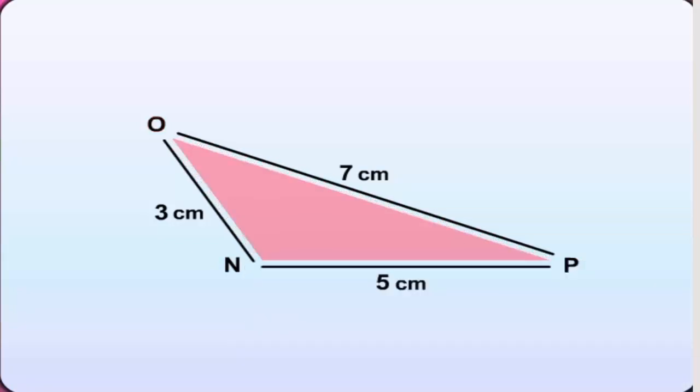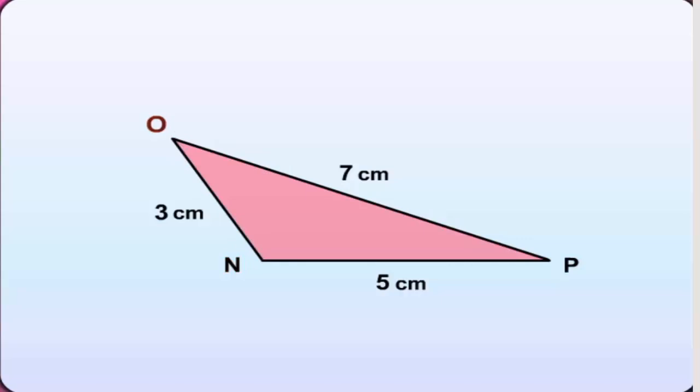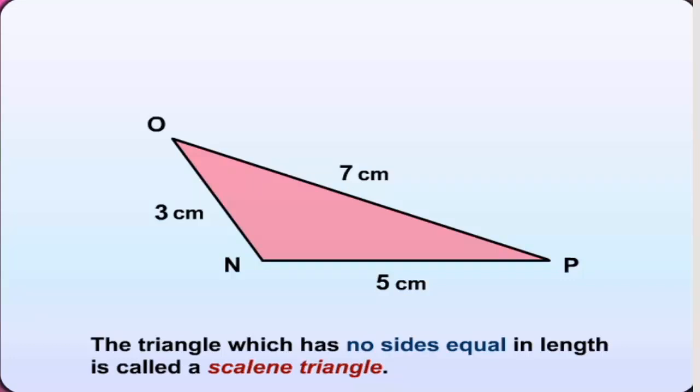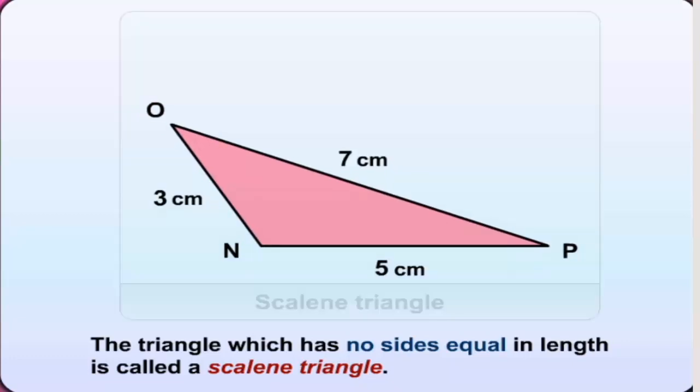Here, none of the sides of the triangle NOP are equal in length. The triangle which has no sides equal in length is called a scalene triangle. So, the triangle NOP is a scalene triangle.